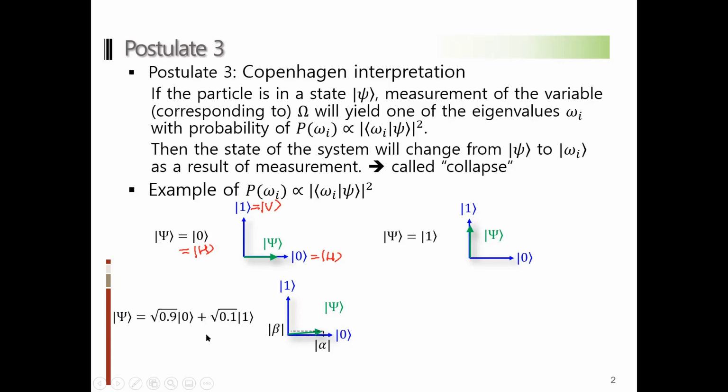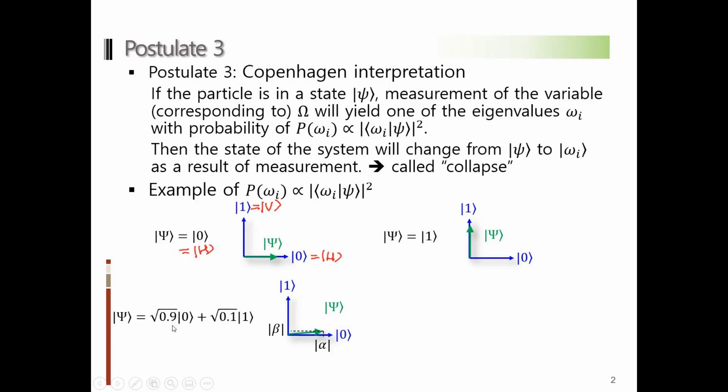In this case, what does this amplitude or coefficient mean? In quantum mechanics, the coefficient of the linear combination is generally called an amplitude rather than a coefficient. I will frequently call this part a probability amplitude, so don't get confused if I use such terminology.